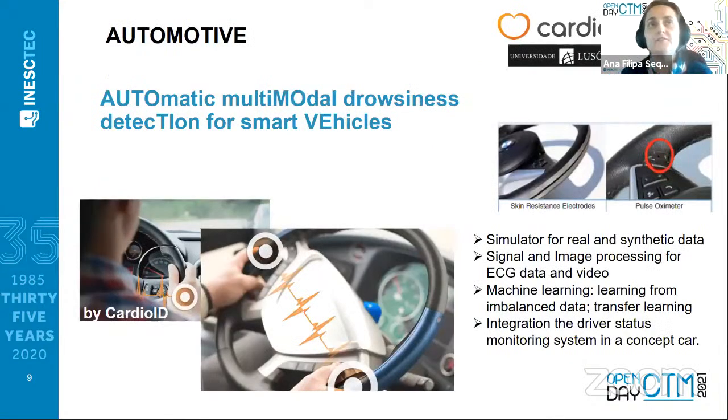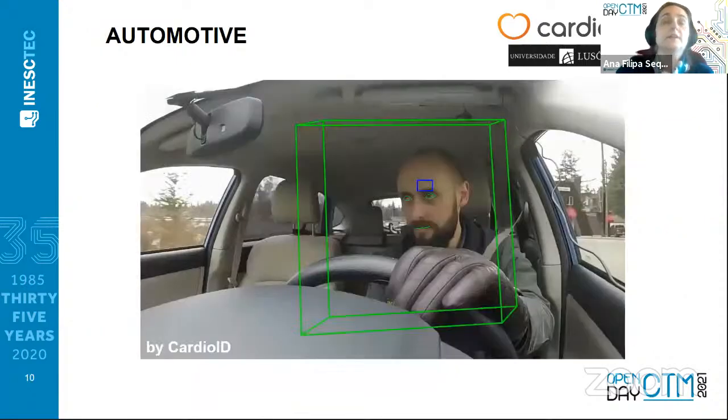We also have an example of the automotive project, which is an ongoing collaboration between us and Cardio ID, ISEL, and Lusófona. And this is another great example. You will hear some more details related to this later, but just in brief, the driver simulator developed uses ECG and video information to monitor the driver state.